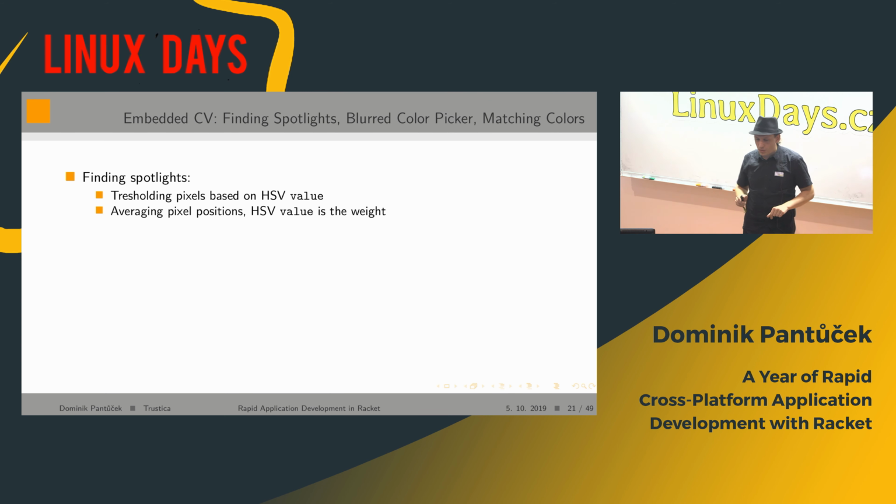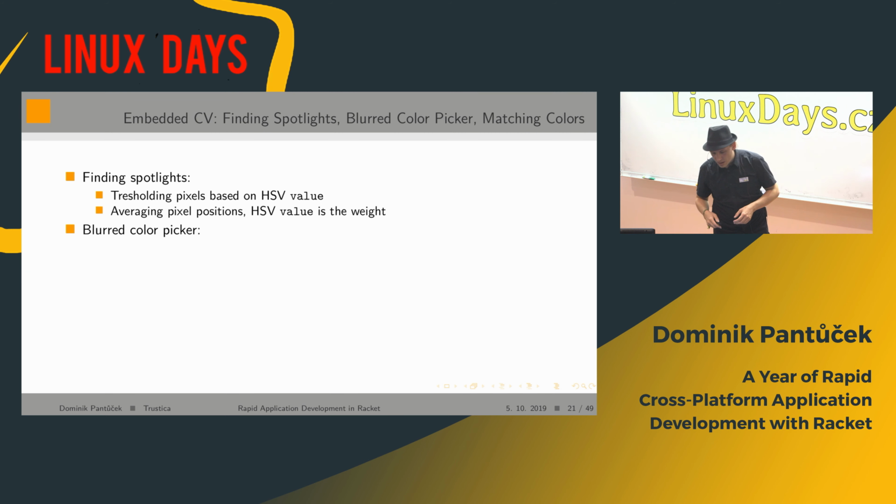So for finding spotlights, we did some thresholding of the pixels based on their HSV part called value, that means on the intensity of the light. And then basically we scanned the whole bitmap and we were averaging the positions of each and every pixel, and as a weight we used the value of the pixel, that means the intensity.